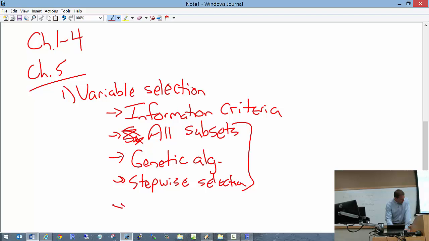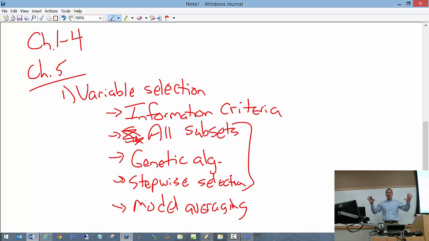And then also we talked about using model averaging. Instead of just picking one model, maybe you could have multiple models and essentially average over them to get a better understanding of your data set. This set of methods also provides you a way to pick one overall model. If you remember, we were given an approximate probability of a particular model being the best.